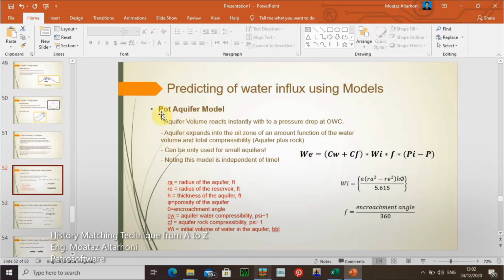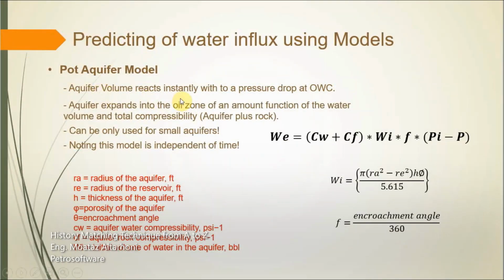But you must understand that the pot aquifer model can only be used under this assumption, for small aquifers. Note that this model is independent of time. This equation depends on the water and rock expansion of the aquifer.